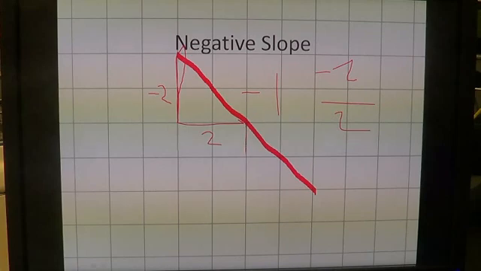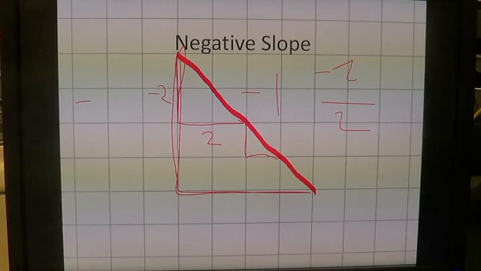And I can go down 1 over 1. I can go down 3 or 4 and over 4, and I'm still dealing with a negative, so I've got a negative 4 over 4, and it doesn't matter if the 4 is in the numerator or the denominator, so I still wind up having a negative 1 slope.